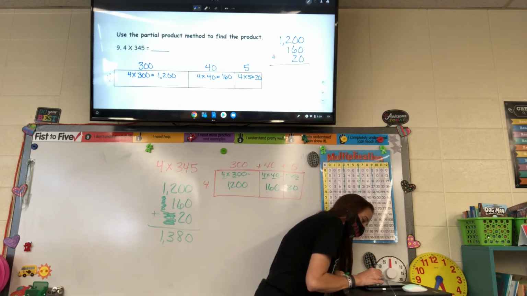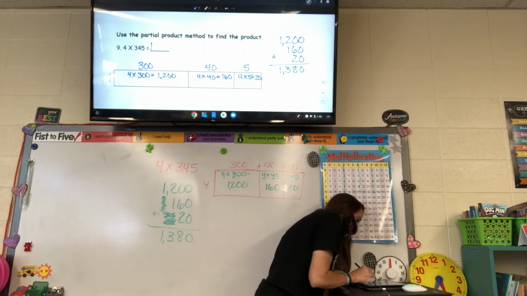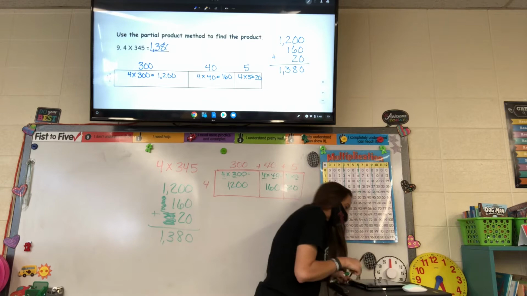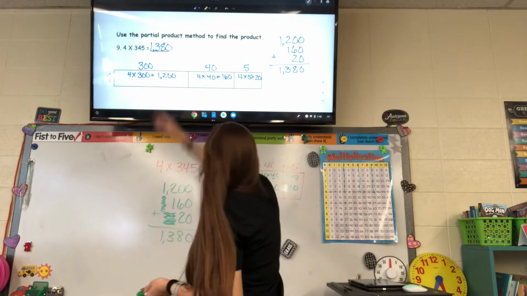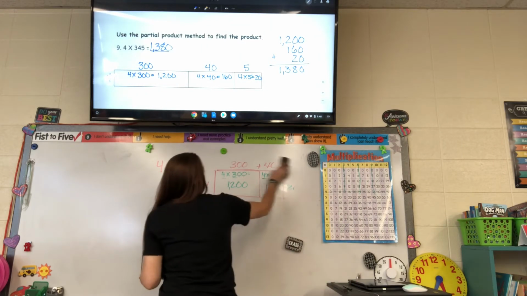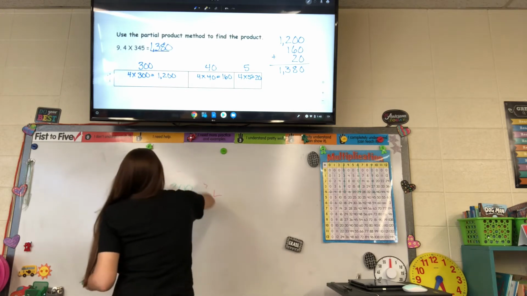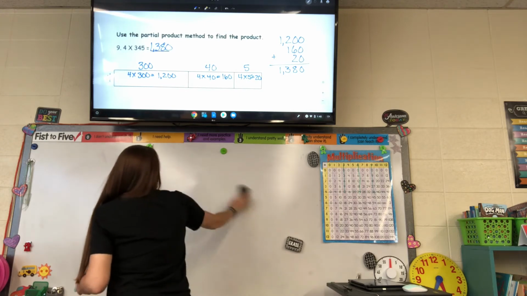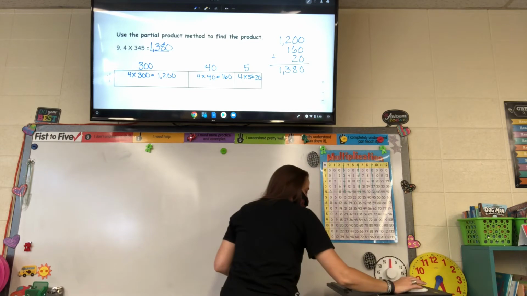And then when we add those all up, we get 1,380. And then make sure you write that 1,380 on the line because that's where our answer is supposed to go.